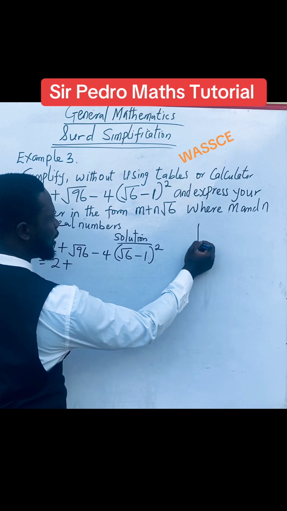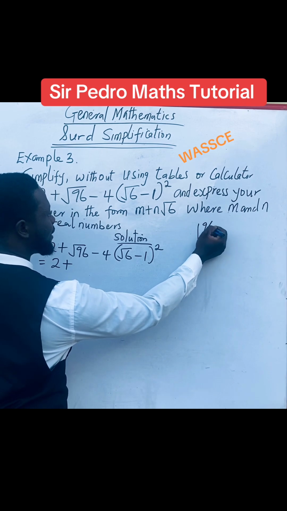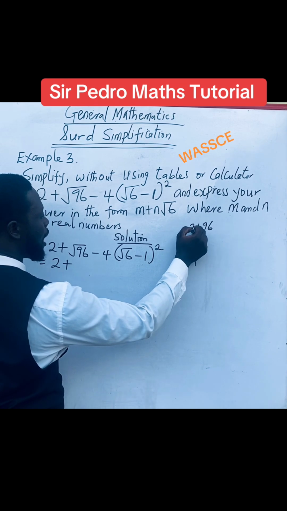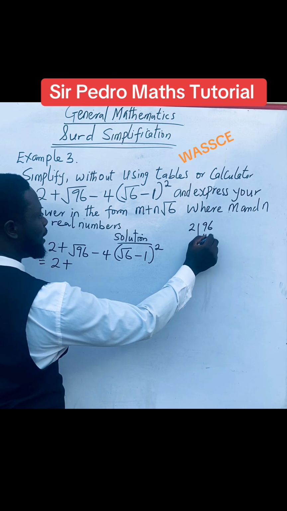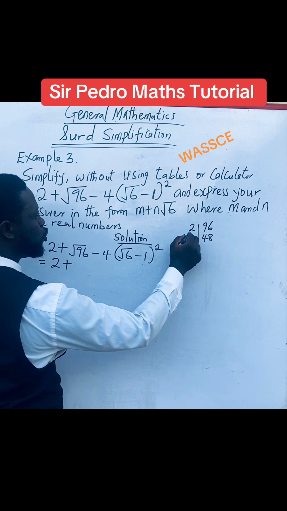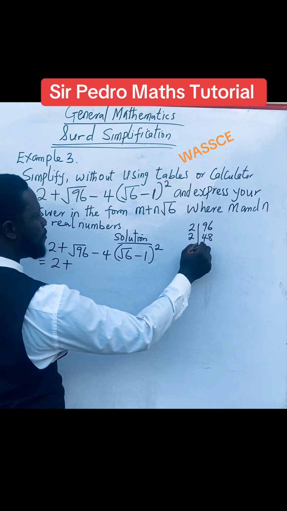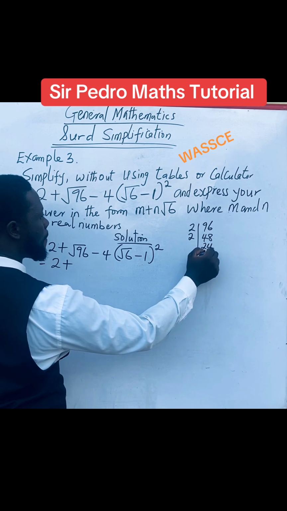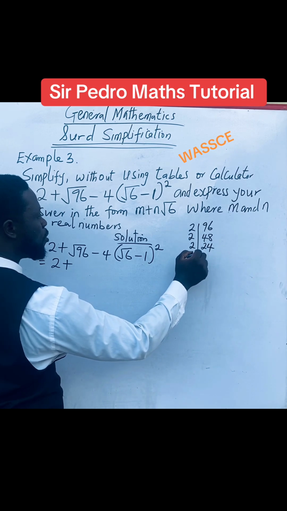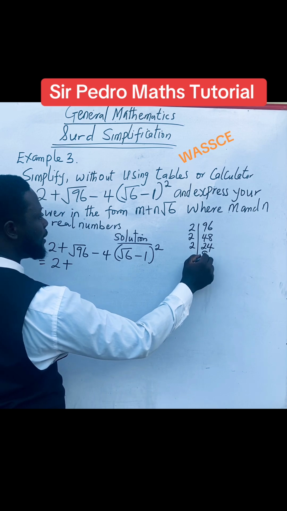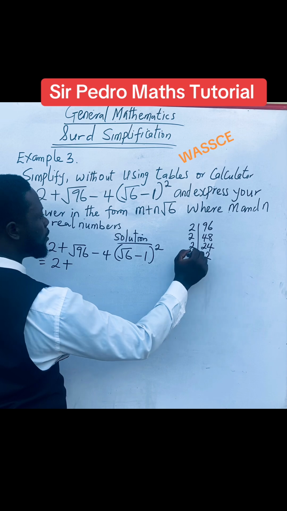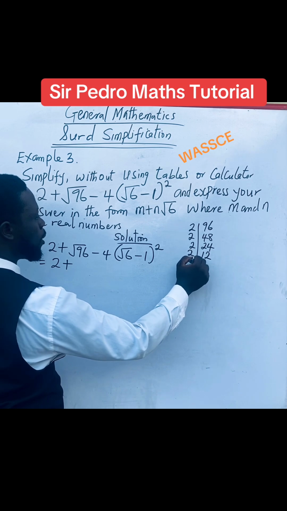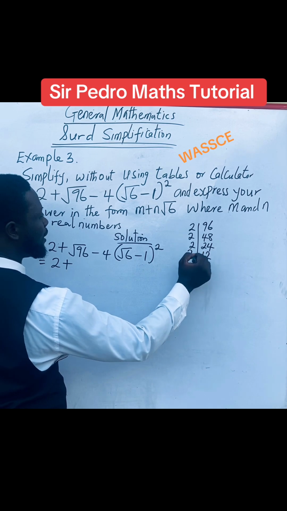You want to use the table form, 96. You say 2 can go. You have what? 48. 2 can go. You have 24. 2 can go. We have 12, 2 into 12, you have what? 6.